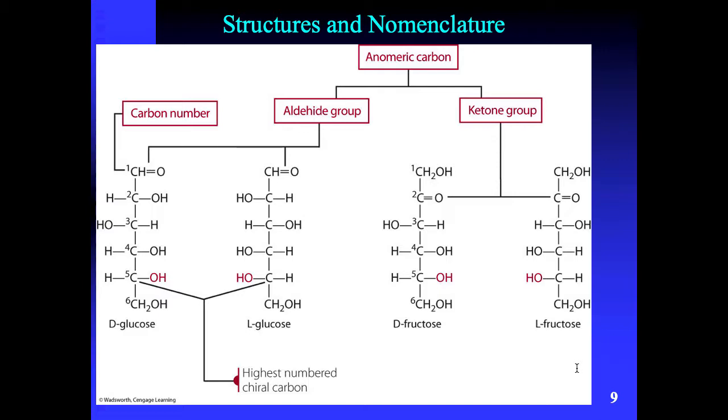Okay? The other reason that's important is, if you have this structure and your hydroxyl group on glucose is to the right, that's its D enantiomer. Remember that word? We're just going to simply say enantiomers are mirror images of one another.